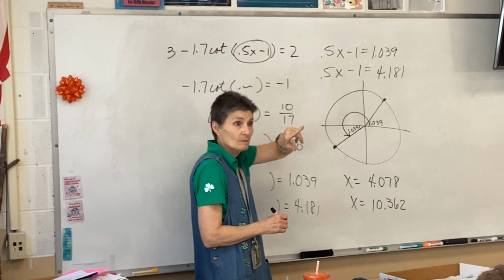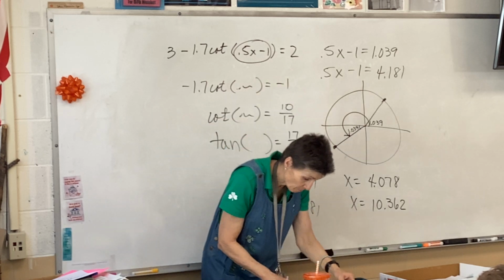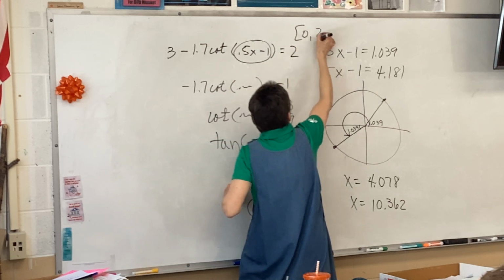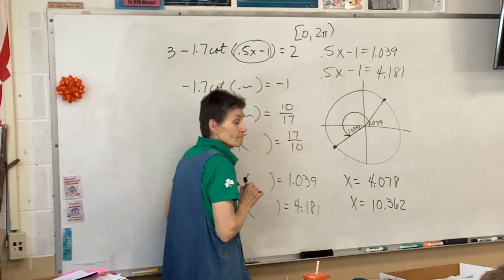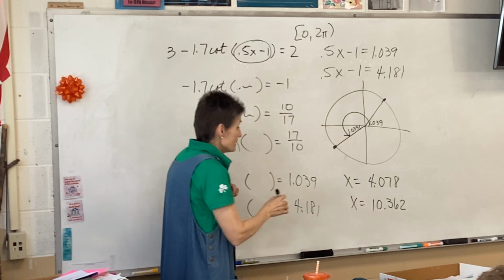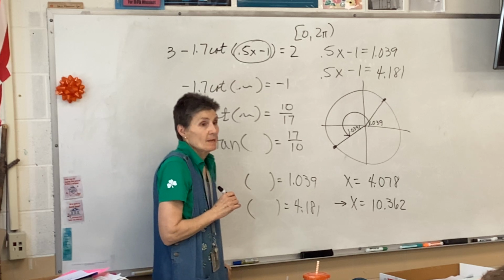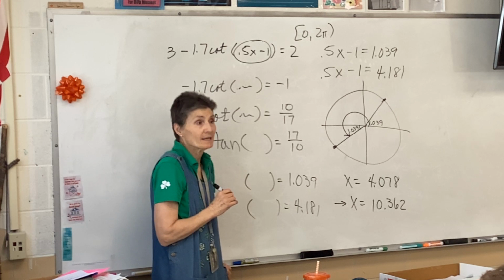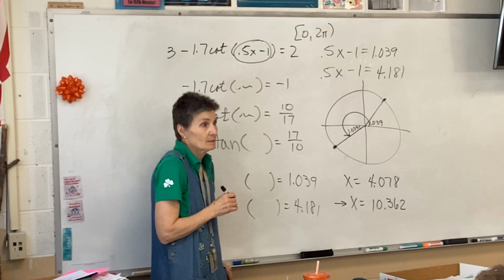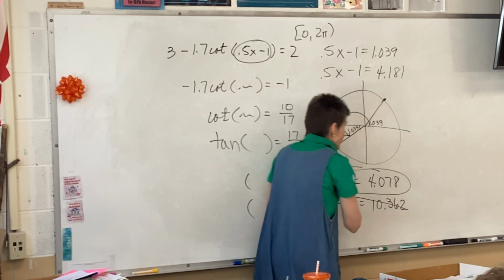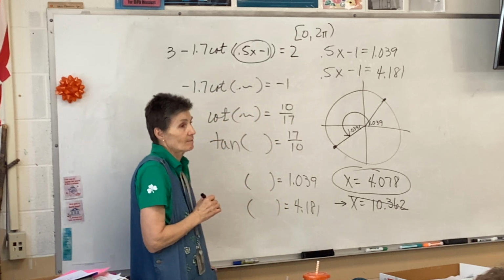Now, what was the domain of the problem? Does this answer fit in the domain? No, because 2 pi is like 6.28. So this one doesn't work, and the only answer to the problem is that one right there.